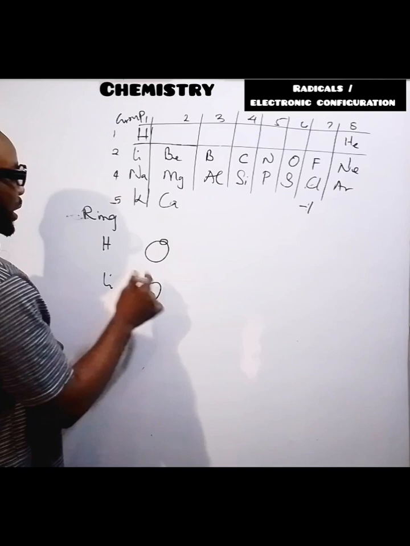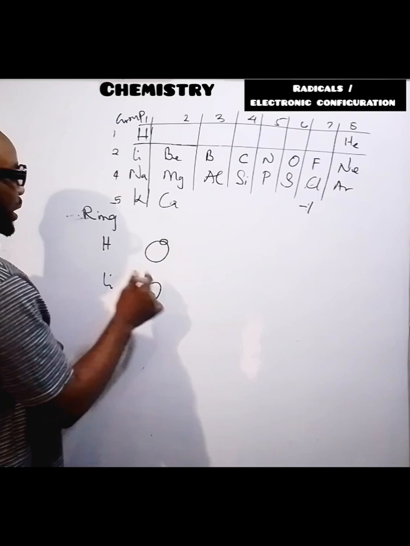That is how you are going to fill it. Don't forget, as I've told you, electrons will fill 1, 1, 1 when they are in the 3 subshells first before they start pairing with one another.